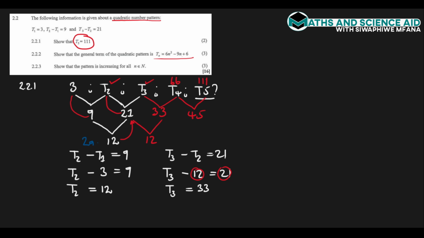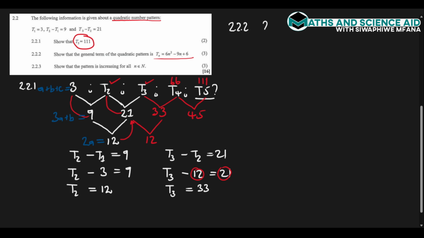We know that 2a is equal to the constant difference, and 3a plus b is equal to the first term of the first difference. And then a plus b plus c is equal to the first term of the quadratic pattern. So that is what we are going to use to answer 2.2.2.